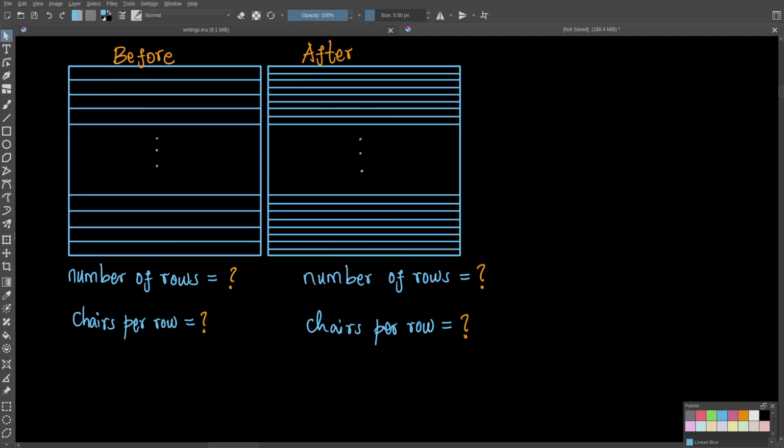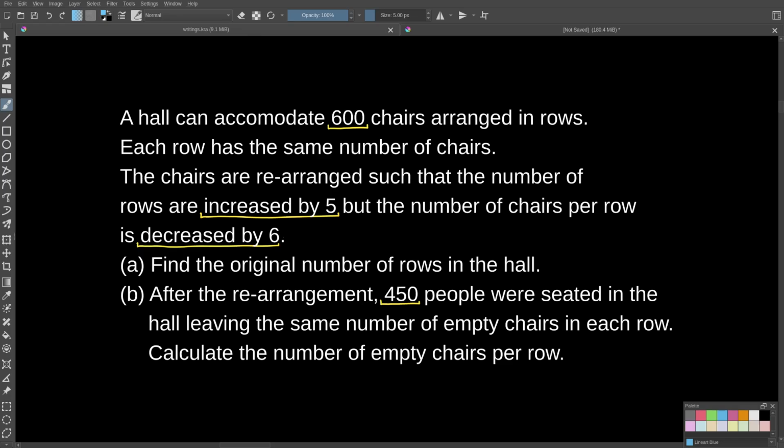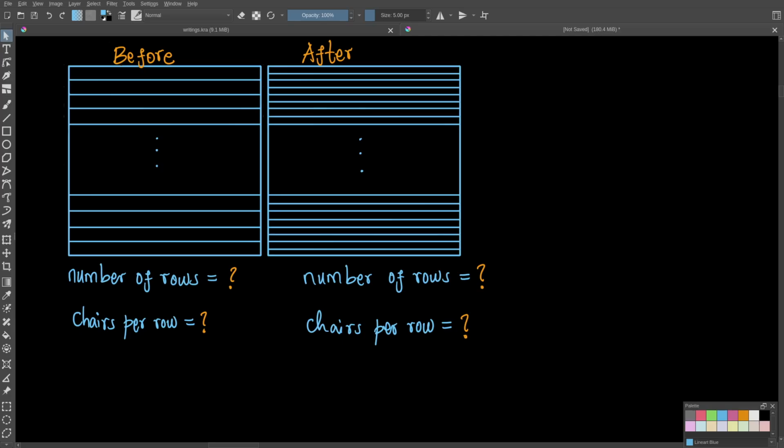So here is my depiction of my understanding. Afterwards, we have more rows since we are told the number of rows increases by 5. That's why you see in my diagrams, afterwards, I have more rows than before. Now, we need to figure out a couple of things.